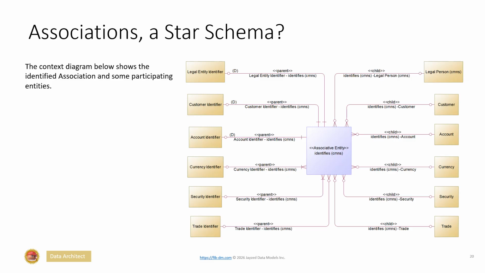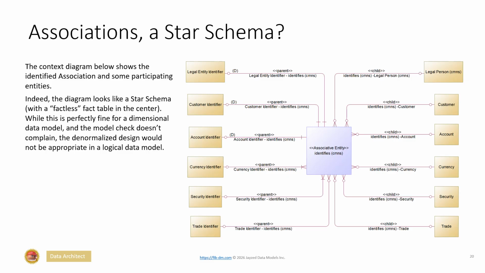Now you see the various legal entity identifiers, customer IDs, account IDs, currencies, securities. And on the right-hand side is what is identified: legal persons, customers, accounts, currencies, securities, trades. So it looks like a star schema with a fact table in the center.